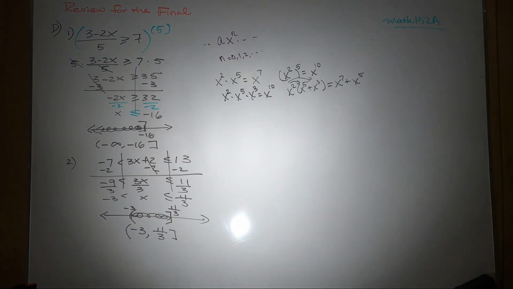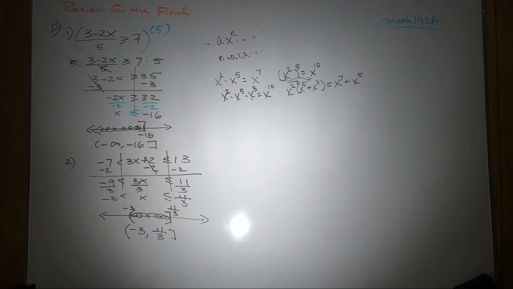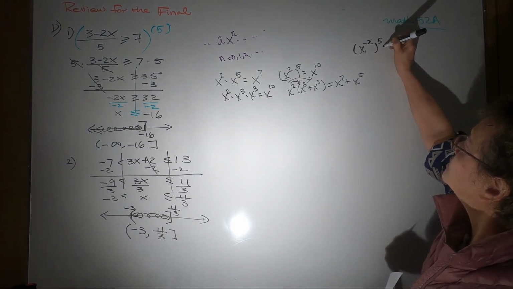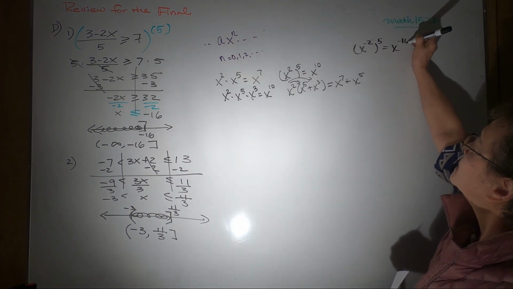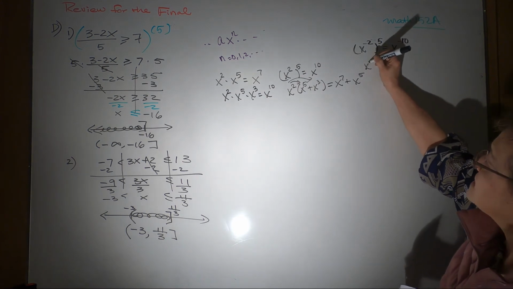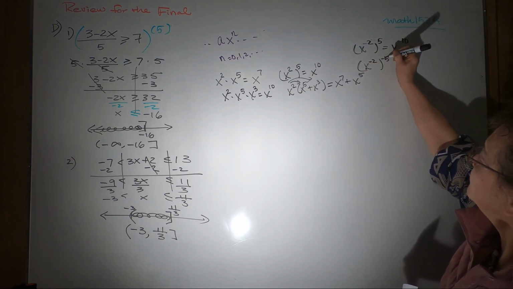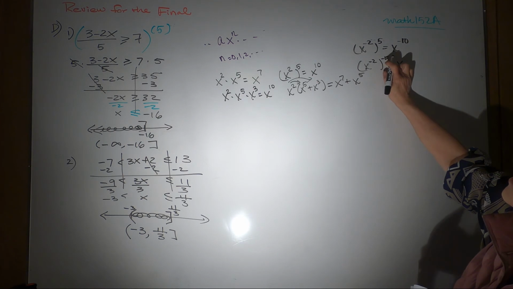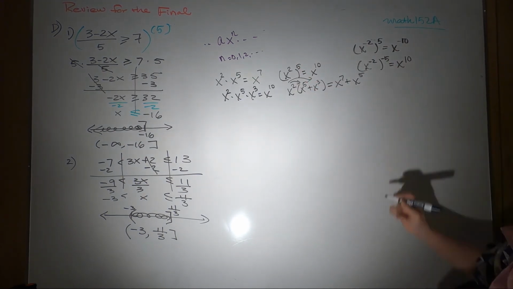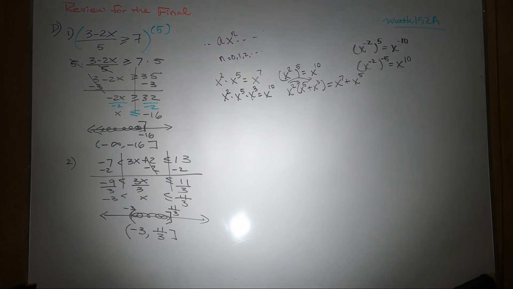We also learned negative exponents. Same thing, it applies to x to the negative 2, to the fifth would be what? x to the negative 10. Then if you have x to the negative 2 to the negative fifth, you multiply by the power on power property, that would be positive 10.